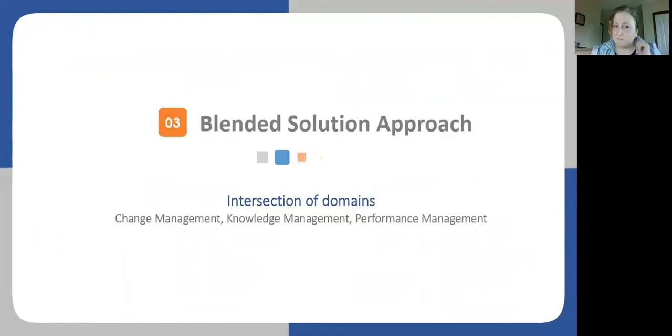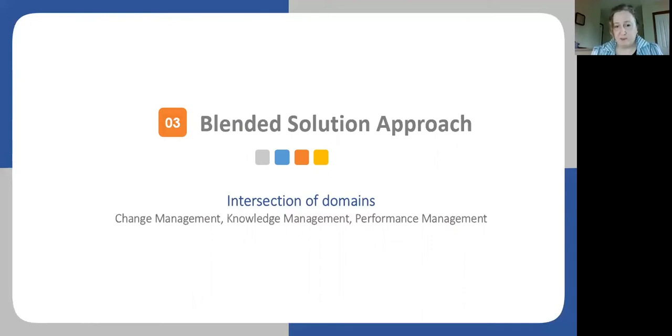So we advance now to the blended solution approach. We went through what the performance gap was, where we wanted to get, and the different approaches of how we looked from a performance technology perspective. Now, really, how did we move from point zero to the implementation?